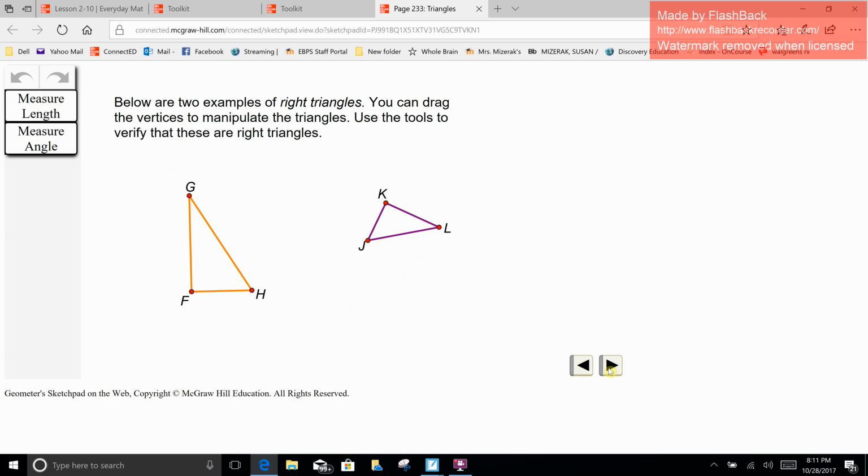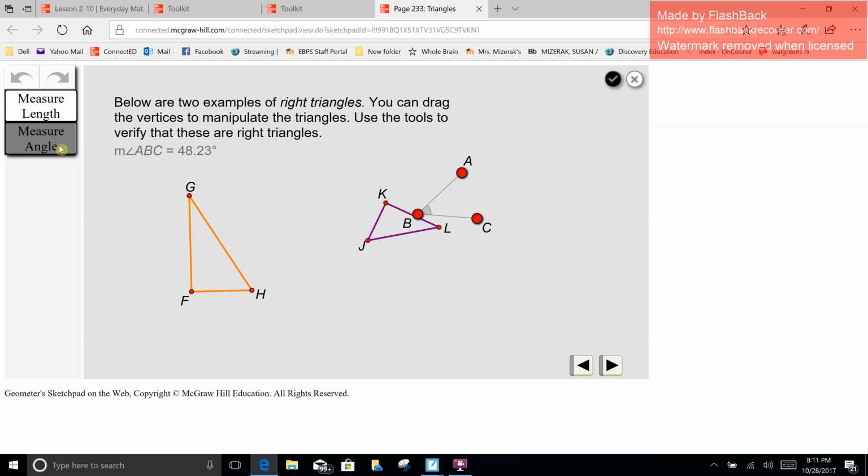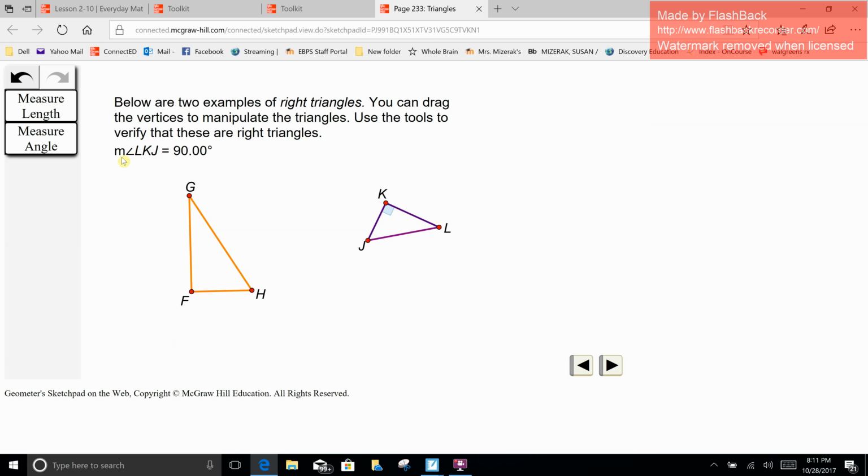I'm going to advance the page, and we're looking at some right triangles here. That means this triangle has a right angle. So let's check and see where that right angle is. I'm going to click on Measure Angle, and I get this tool. Now I think this is the right angle, so I'm going to check. I'm going to move these points onto my triangle, and here we have angle LKJ is 90 degrees, a right angle.